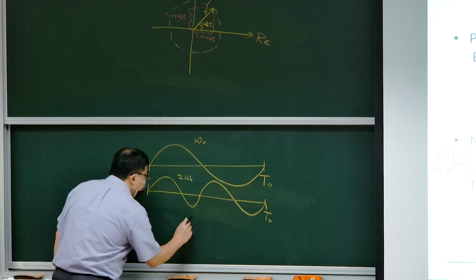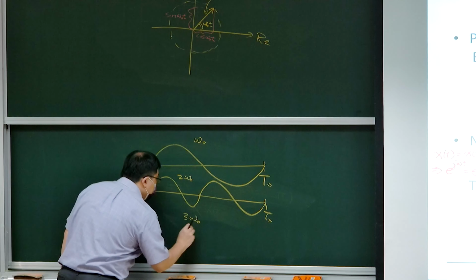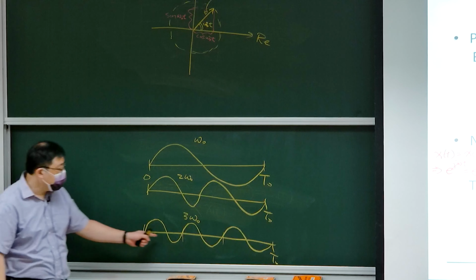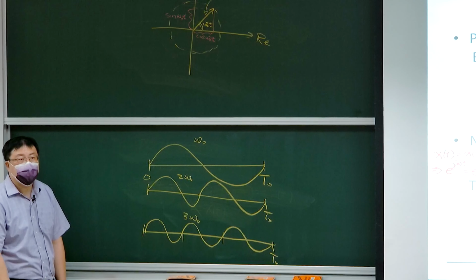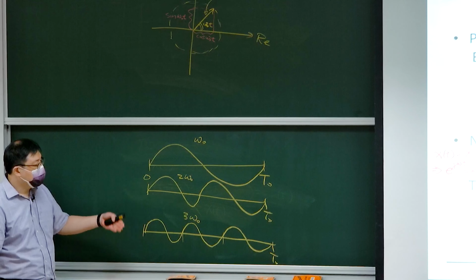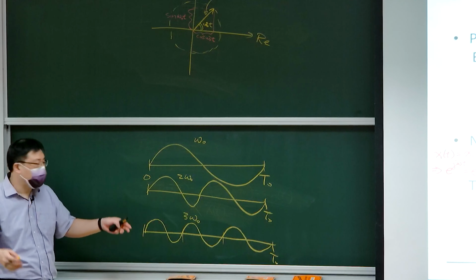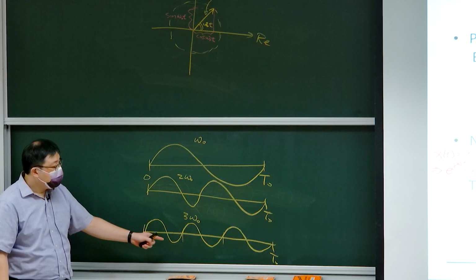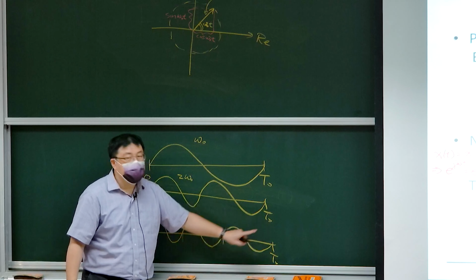If I choose a frequency of 3 omega naught, then I have 3 cycles within T naught. So the frequency continues to increase, it varies faster and faster, but they are all still periodic with period T naught.